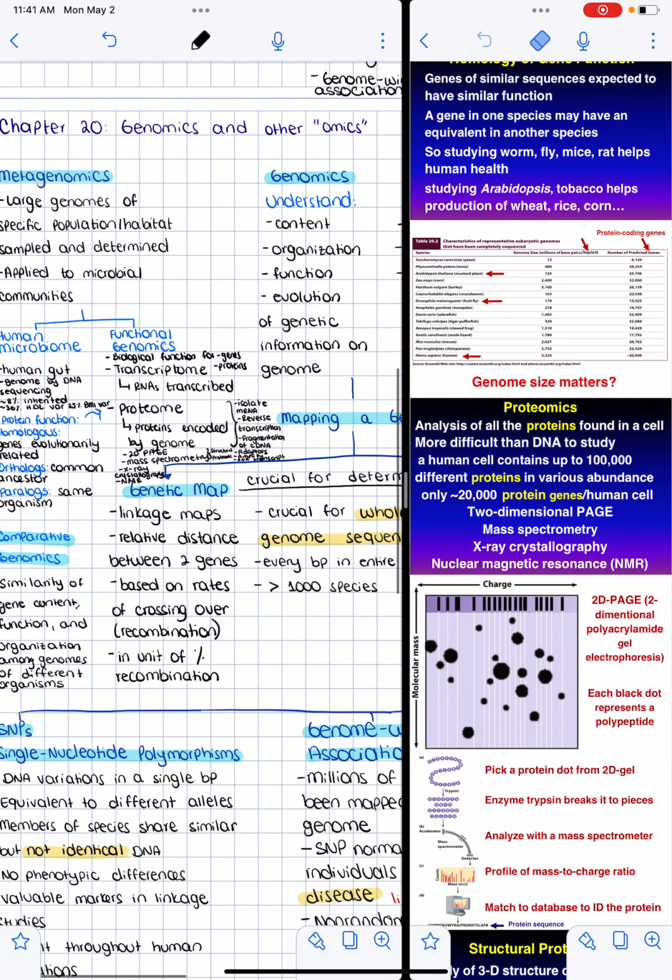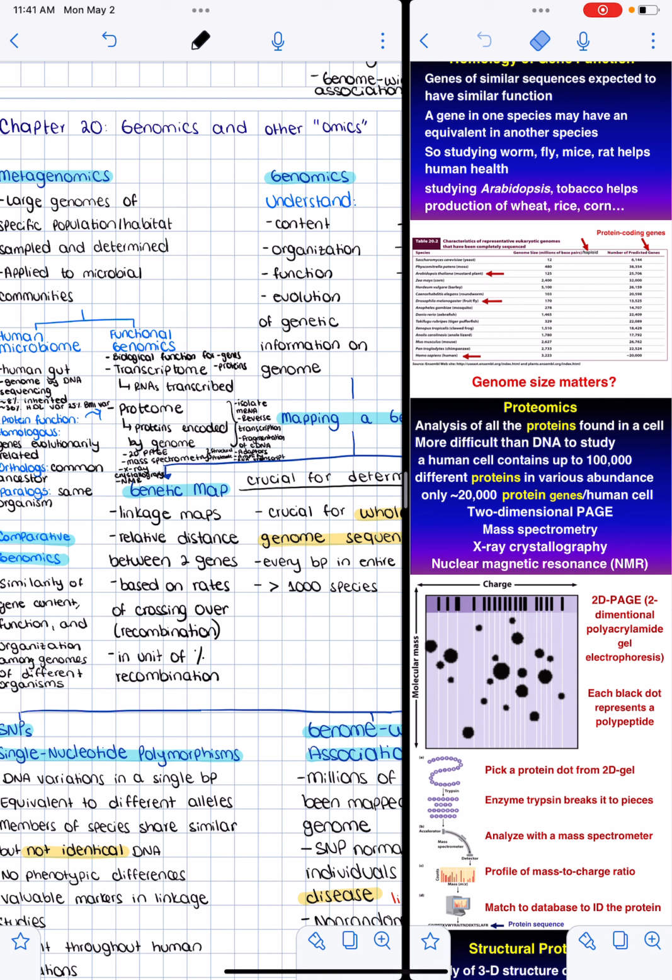Proteomics, as we mentioned, is studying the proteins encoded by the genome. This is analyzed by extracting the proteins of the organism, and this is more difficult than DNA study.